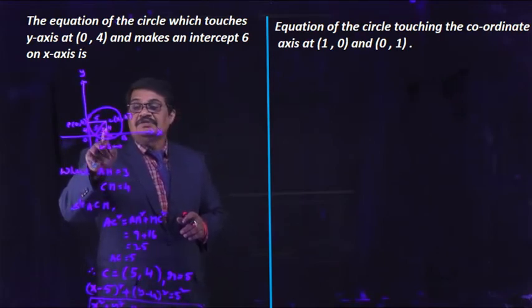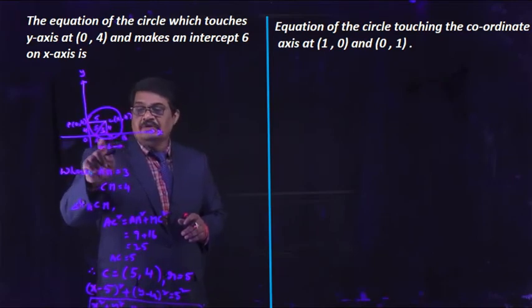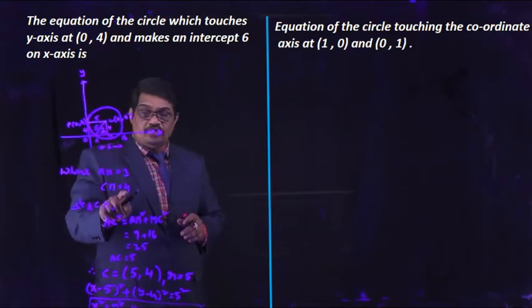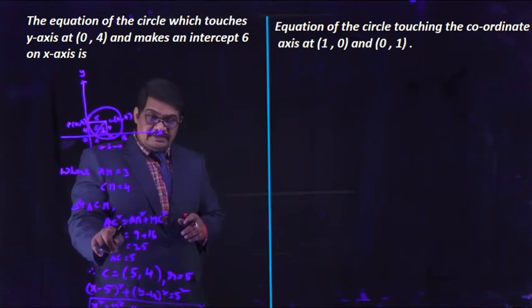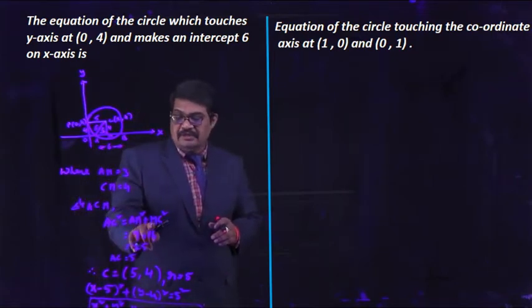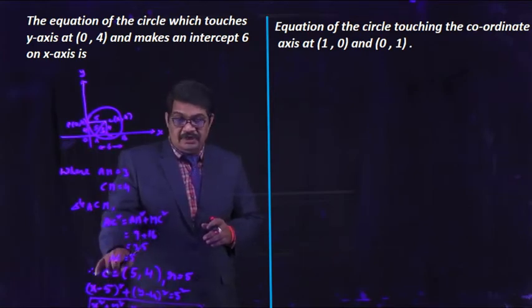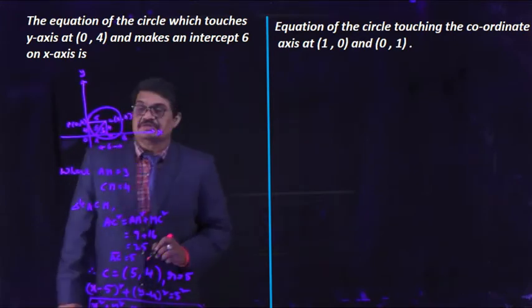Here CM is perpendicular, and M is the midpoint of AB. Now AM is 3 units and CM is 4 units. From triangle CAM, AC square, that is hypotenuse square, is equal to AM square plus MC square, that is 9 plus 16. From that, the length of AC is 5 units.